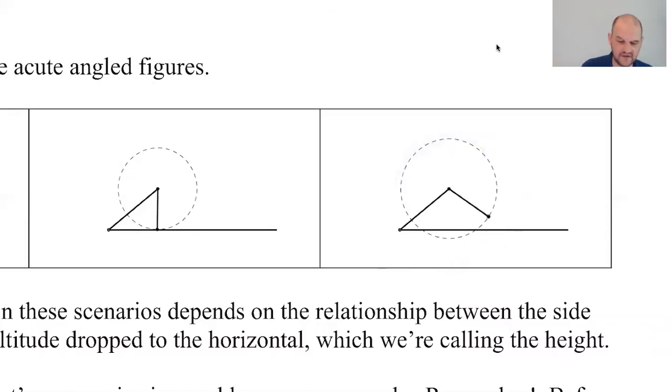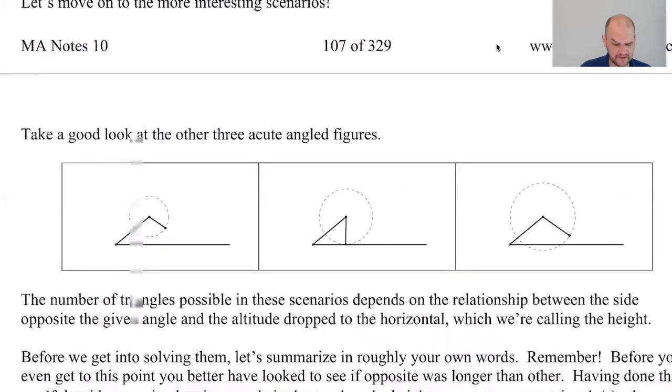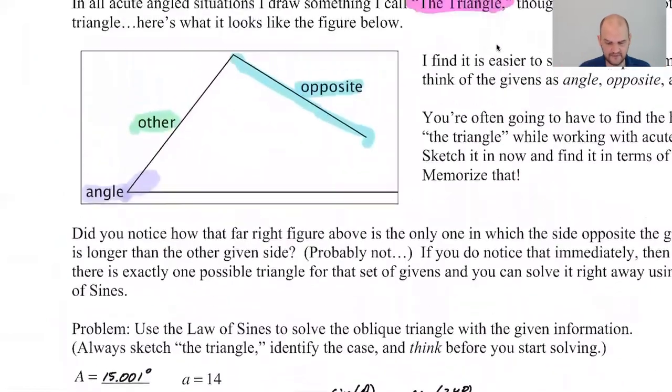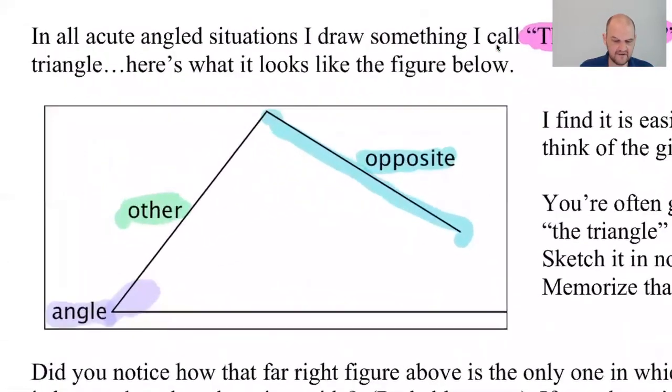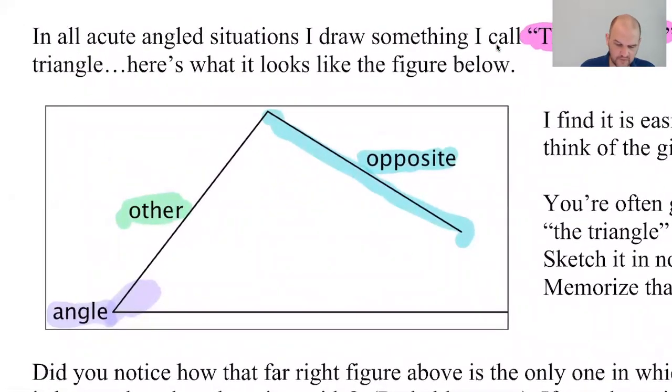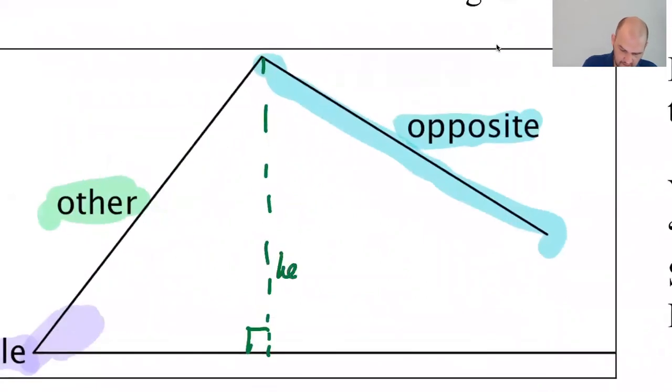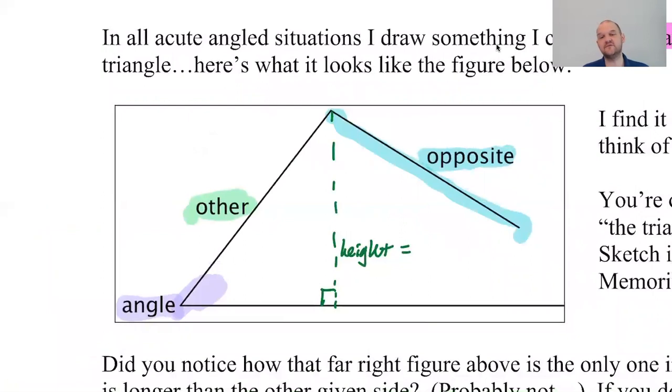So I'm actually going to go back to the previous page because it has a bigger picture of the triangle. We need to calculate the height of the would-be right triangle. So the would-be right triangle is here. And so this is our height. And we're going to calculate the height in the exact same way every single time.